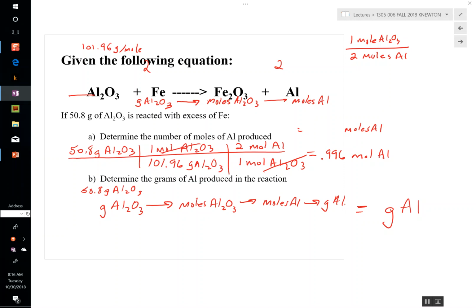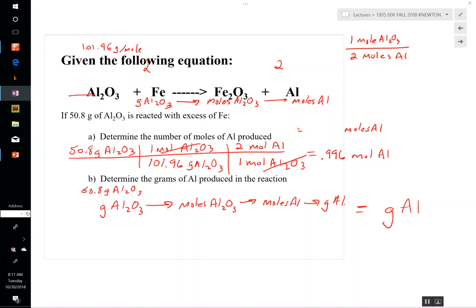And I wanted to stop right there. I wanted to do this in two parts here because sometimes you will be asked a question, just this, how many moles of something's going to be produced? So read and take note of what it is asking you. What does the problem want you to answer or find out? Here we could stop right there.